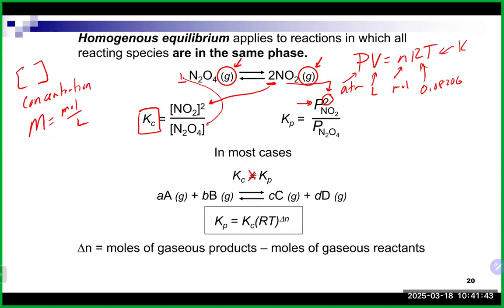And we could have a Kp expression for a reaction that involves gases. Now, the Kc value and the Kp value usually are not the same numerical values. They actually can be, but usually they're not. But they will tell you what is going on.